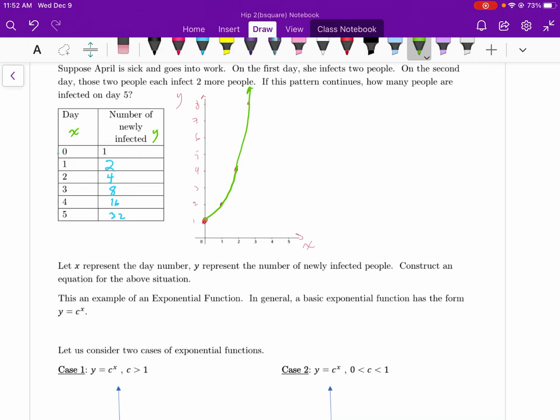Construct an equation for the above situation. So the above situation is an example of an exponential function, whose basic exponential function has the form y is equal to c^x. And our exponential function is going to be y is equal to 2 to the power of x.